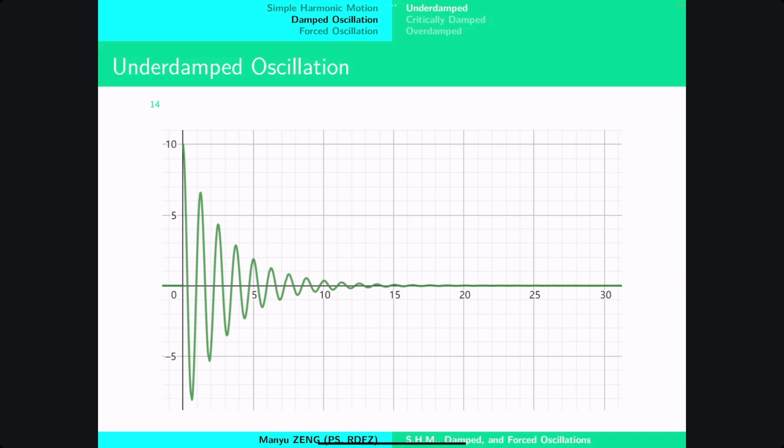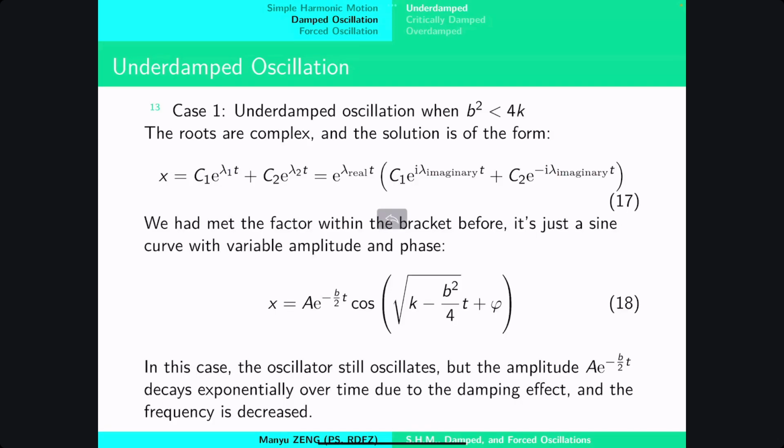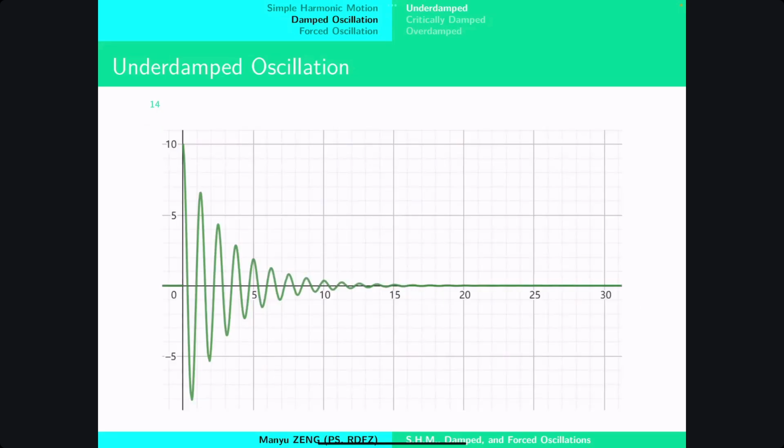You can see that the pendulum passes the equilibrium point, the downward vertical, many times before it stops. You can see this in this curve. The curve passes the t-axis many times before it stops. So in this case, the underdamped oscillation can pass the equilibrium point many times, actually infinitely many times if possible.